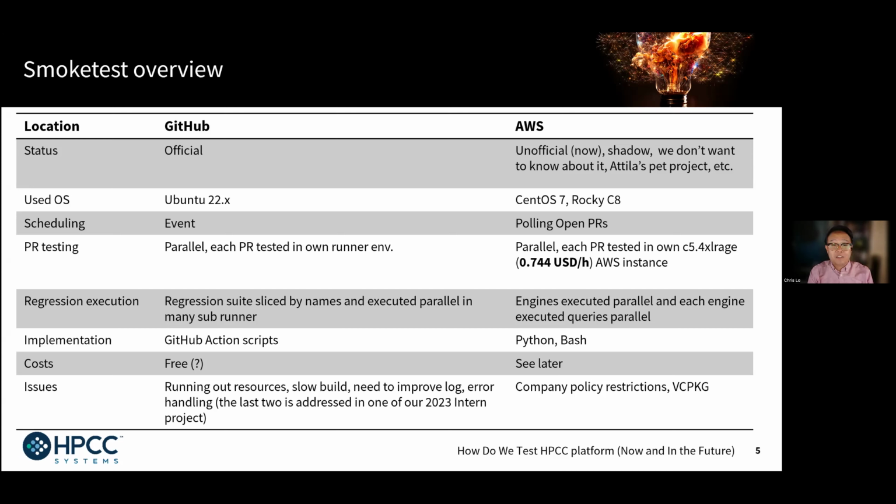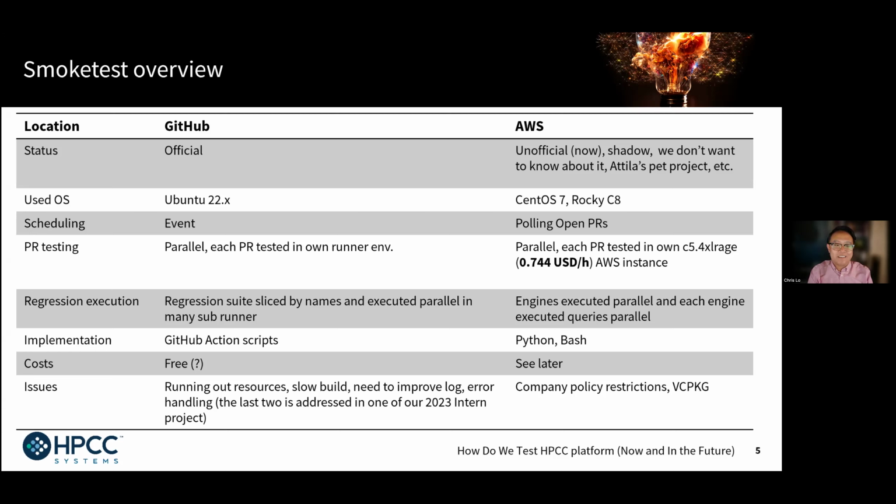In GitHub Actions, the actions themselves are initiated by events like pull request. In AWS, the smoke test scheduler is constantly polling for pull requests or if anything else has changed. It creates a new instance and starts the pull request inside of it. The reason for polling is because originally the smoke test was executed in the company network.